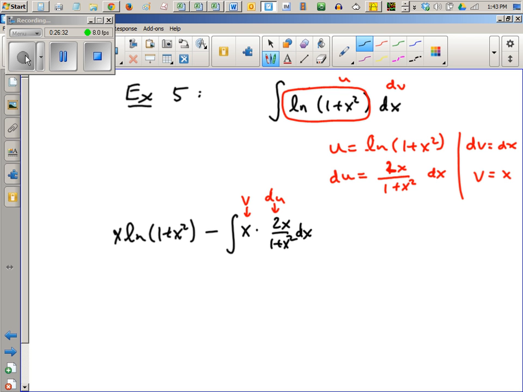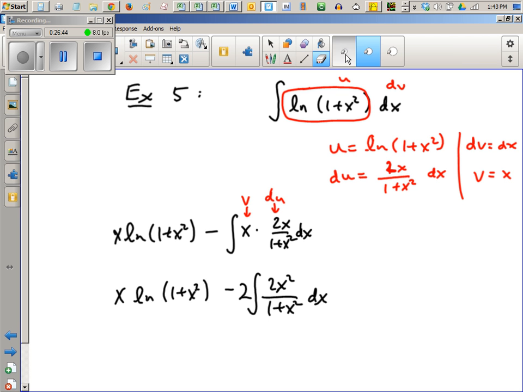Okay, so here's what we end up with: x ln of 1 plus x squared minus the integral of 2x squared over 1 plus x squared. And we can also put that 2 out front. Let's do that. Okay, so we're into a bit of a problem, though. We don't know how to integrate this, and parts might not help.